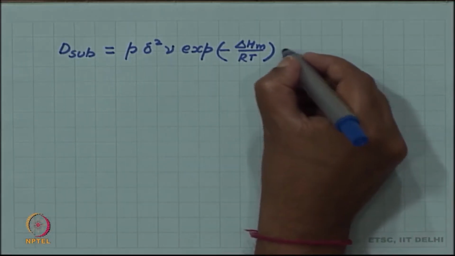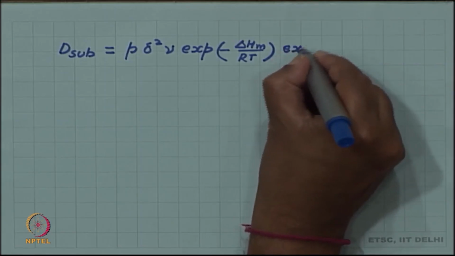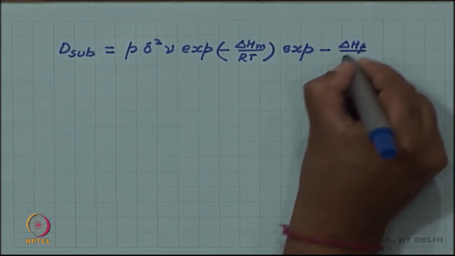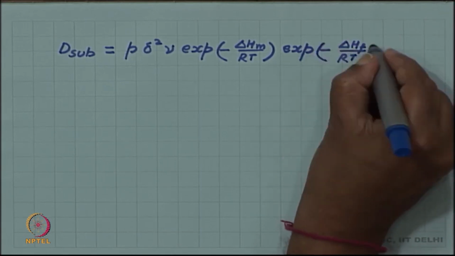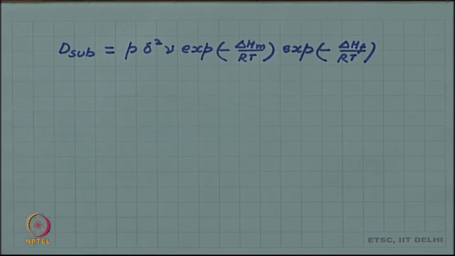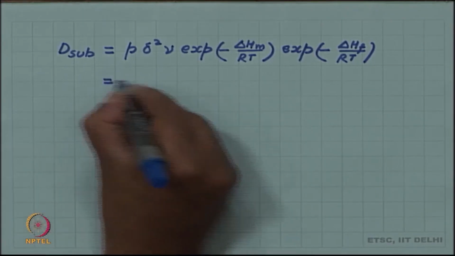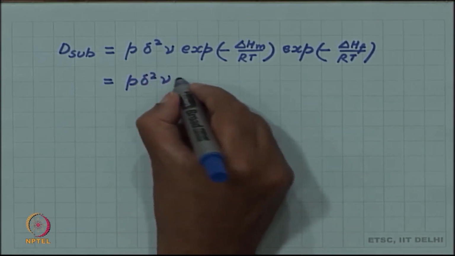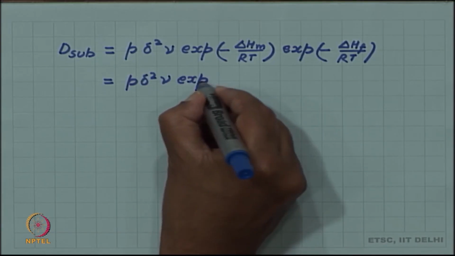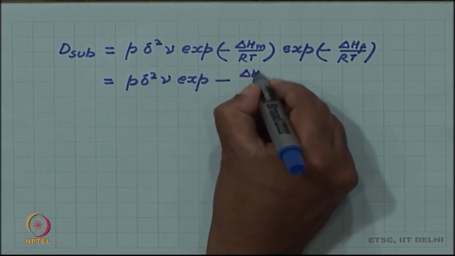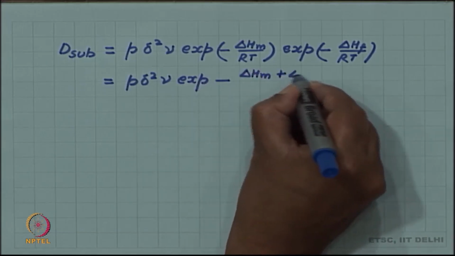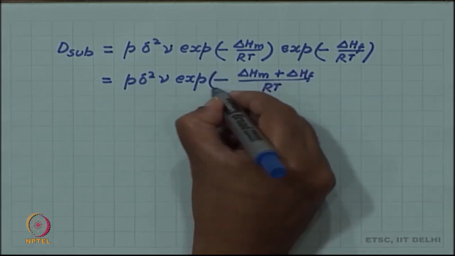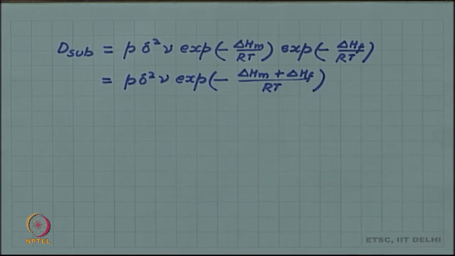We multiplied this by another factor P v, which turns out to be exponential minus delta H f by R T. Or if you so wish, you can combine these two exponential factors into one. So, you can write delta H m plus delta H f by R T.